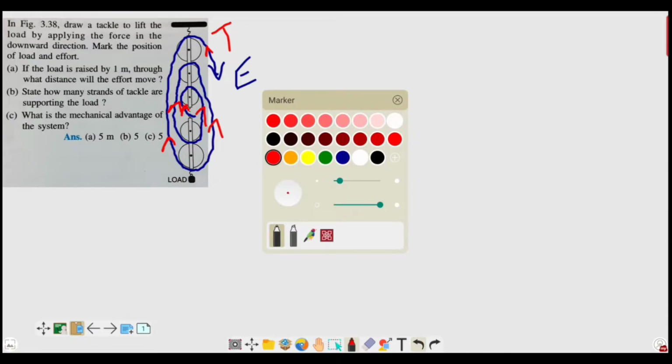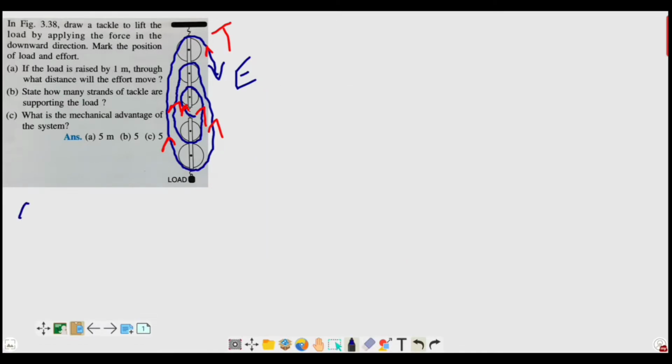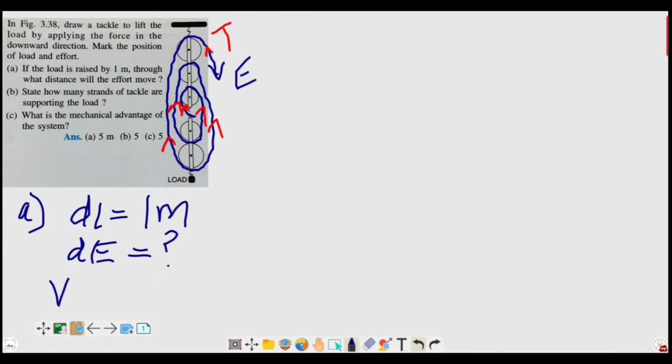Now, what is asked? If the load is raised by 1 meter, through what distance will the effort be moved? Your displacement of load is 1 meter. They have asked you to calculate displacement of effort. In the block and tackle system, velocity ratio is equal to the number of pulleys.